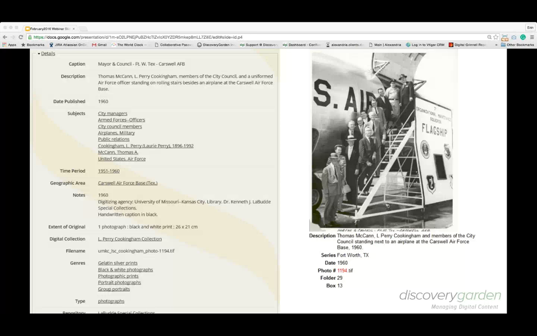So in our contract with Discovery Garden, we wanted more granular control over display on various types of content. For instance, for image class objects, they could be photographs, posters, graphics, and where we might say photographer for photographs, we'd say participating organization for posters, because a lot of the posters were sponsored by a particular organization or were for some event. So Discovery Garden cloned the large image content model for our image class categories, and then enhanced the Solr Metadata Display module to base the displays off of the content models.